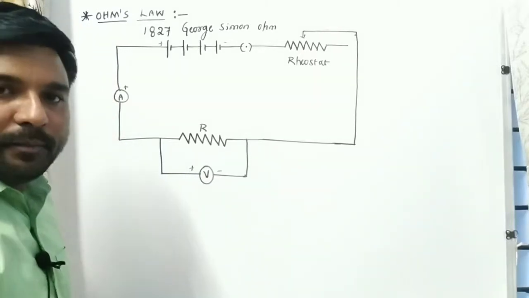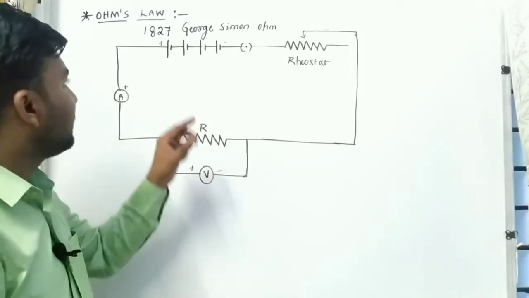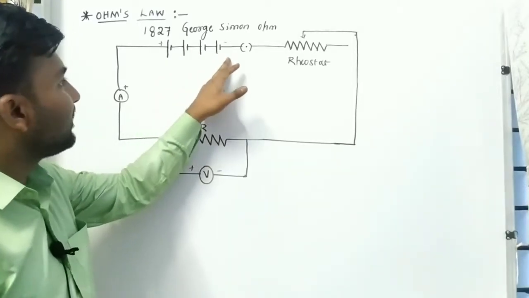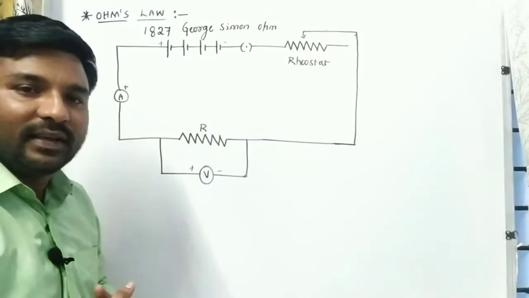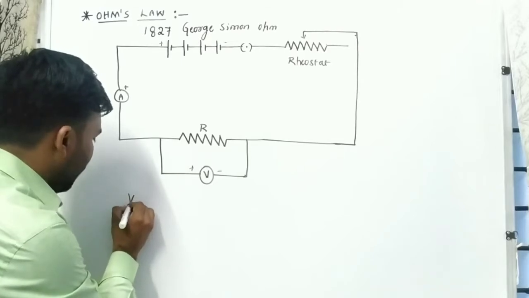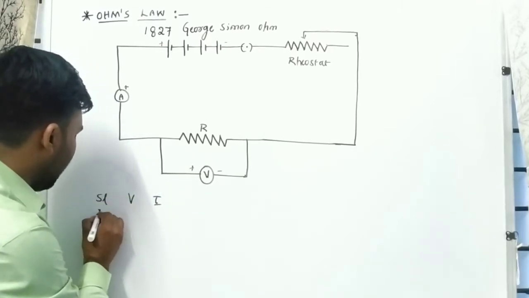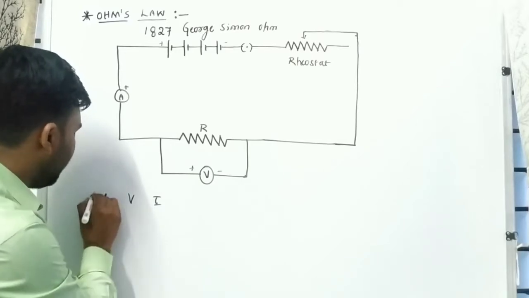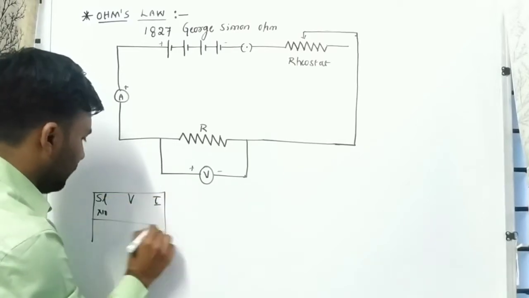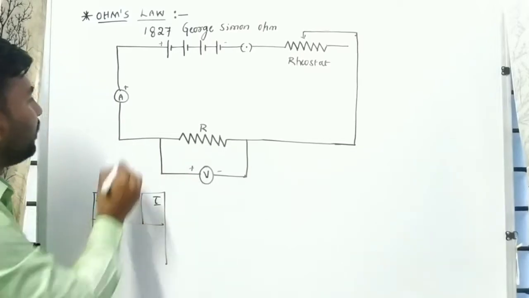Initially he has taken a single cell. Here a total of 4 cells are there. After taking a single cell, he has made an observation in the ammeter and the voltmeter.